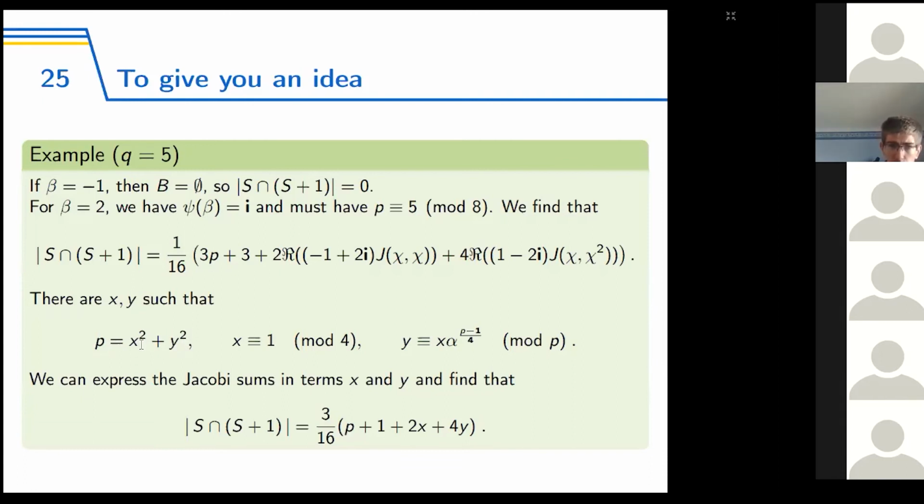Of course, you could still switch the sign of x and y. We will require that x is 1 mod 4, because if it were 3 mod 4, then you can change the sign. And essentially, you do here the same for y. You fix the sign.